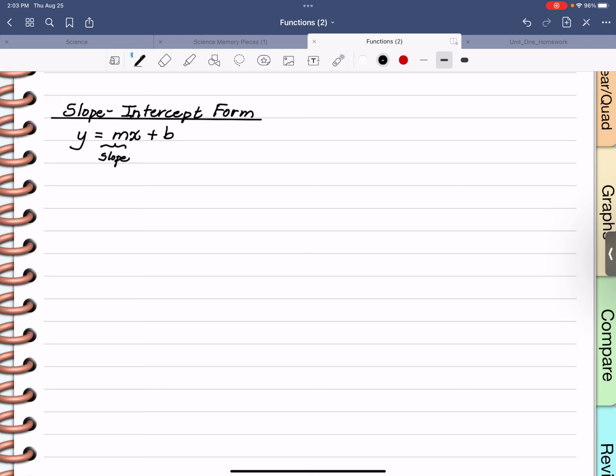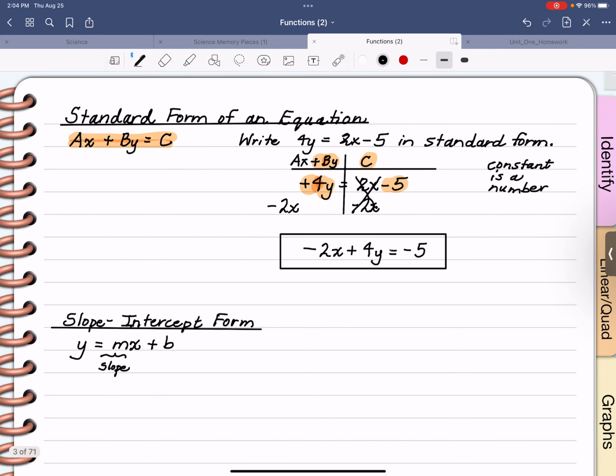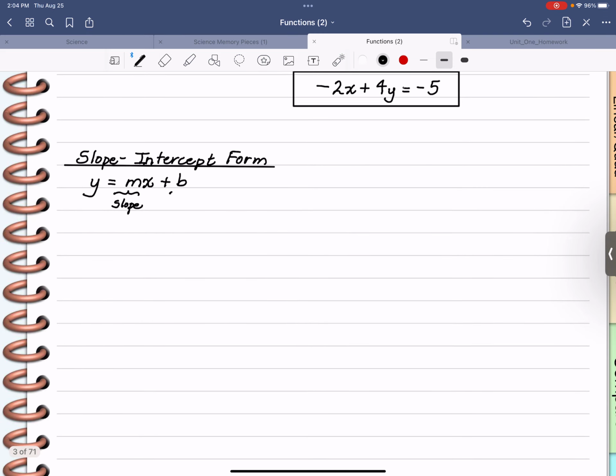But let me tell you about this little b. Now this is not to be confused with this great big B that is in standard form. All right? So let's put in what this little b represents. This is called the y-intercept.